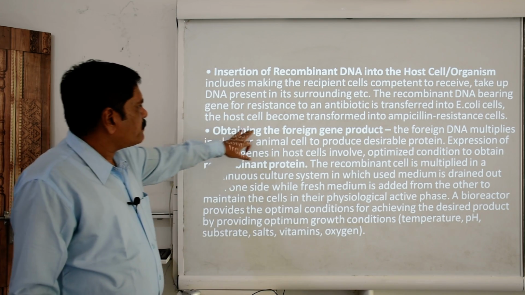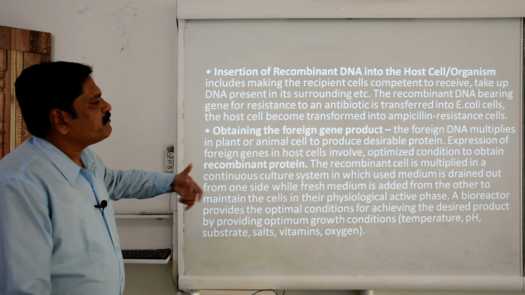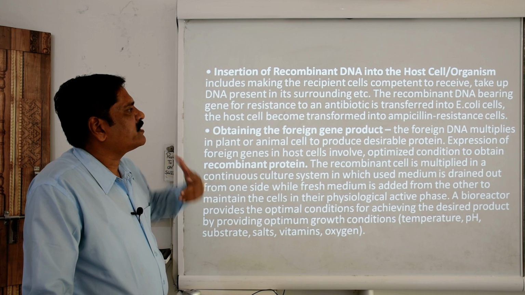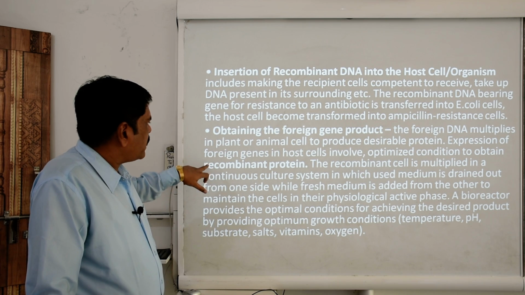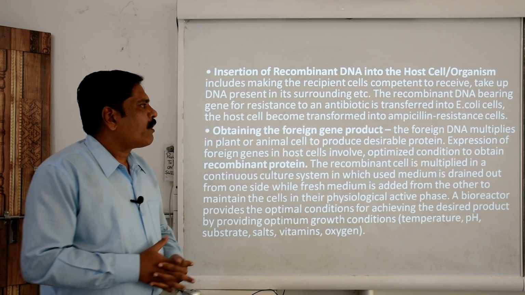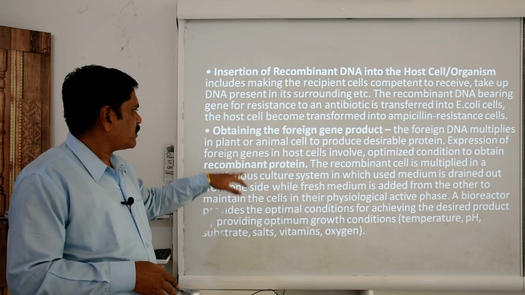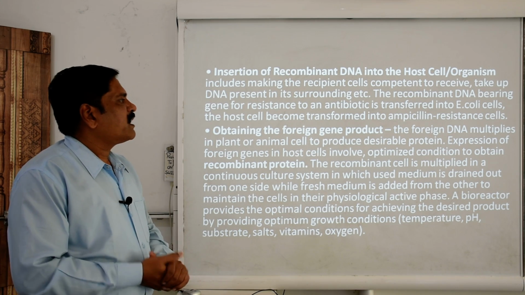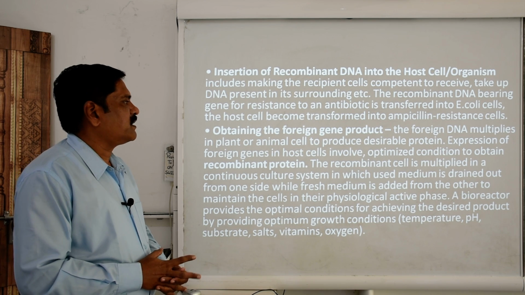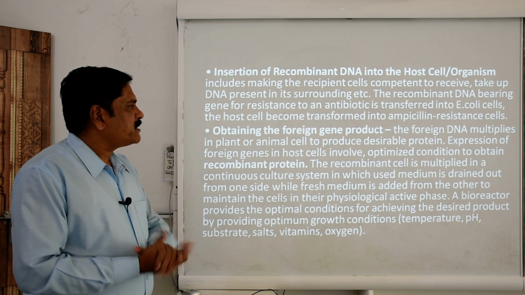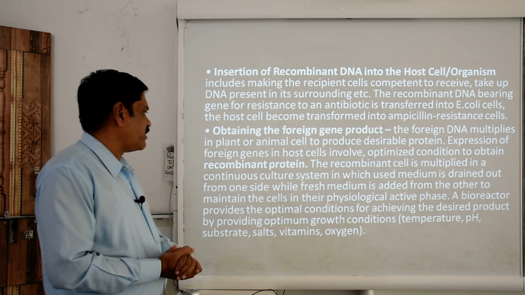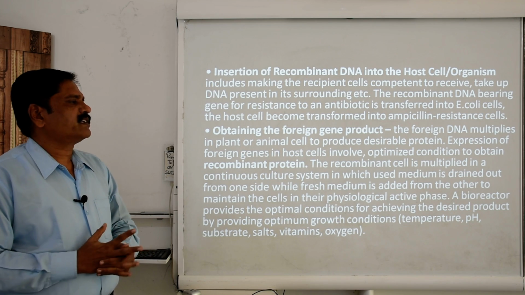Clear? Then obtaining the foreign gene product. The foreign gene DNA multiplies in plant or animal cell to produce the desirable protein, and the expression of the foreign gene in the host cell involves optimized conditions to obtain the recombinant protein, and the recombinant cell is multiplied in a continuous culture system in which the used medium is drained out from one side while fresh medium is added from the other to maintain the cells in their physiologically active phase.